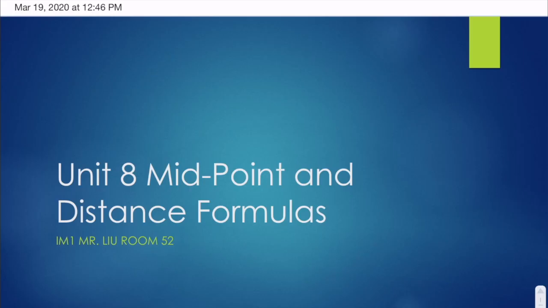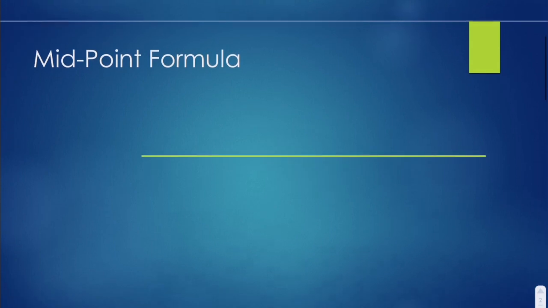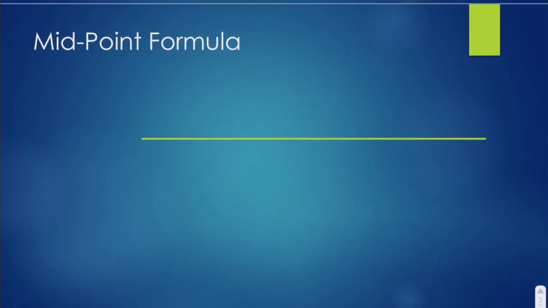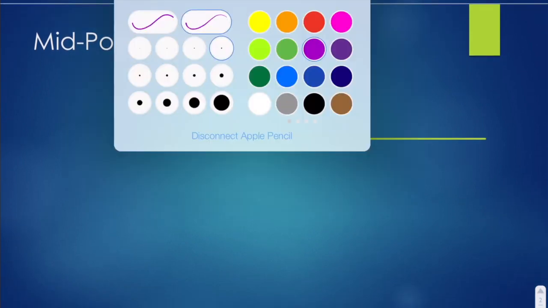So in this lesson, we're in Unit 8, which is dedicated to midpoint and distance formulas to start with. As we get into this, let me start to describe to you about the midpoint formula.